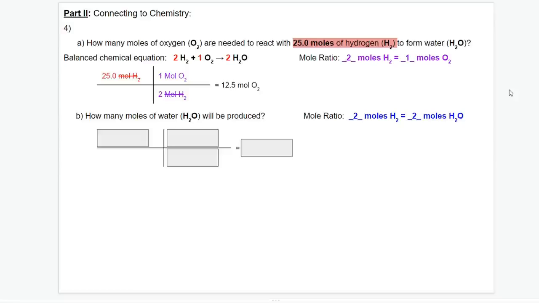Next, our question asks us, how many moles of H2O will be produced? So I'm going to start by filling out my mole ratio. In my balanced chemical equation, I have 2 for my coefficient in front of H2.